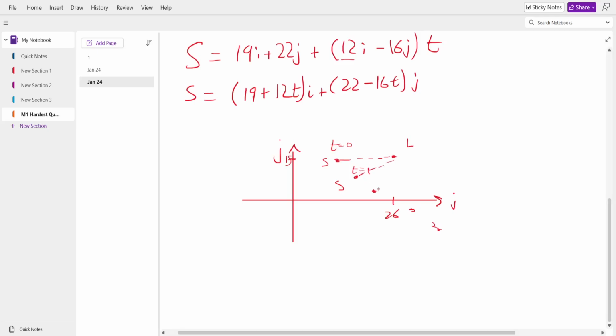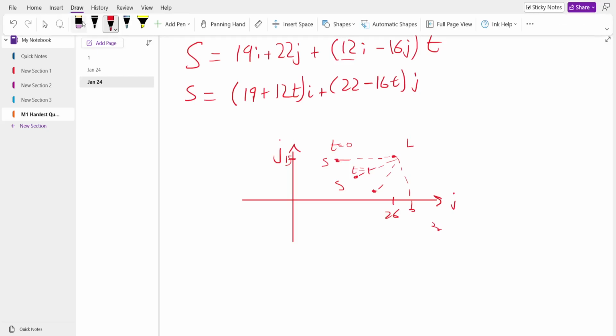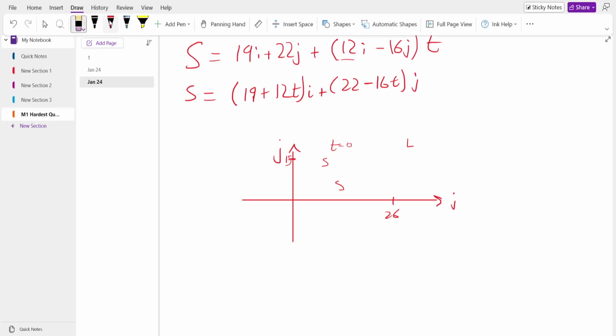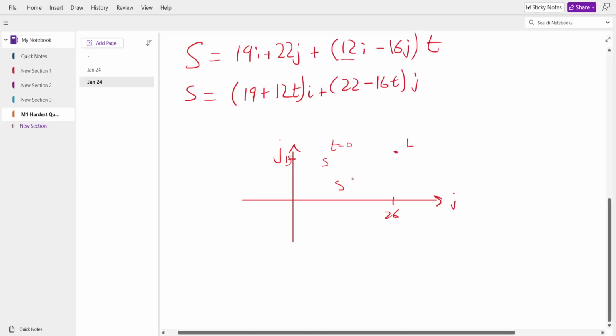So we can see that I need to find the closest distance that the ship is going to be to the lighthouse. So basically what I want is the expression that will show me the distance between the ship and the lighthouse at a given time.